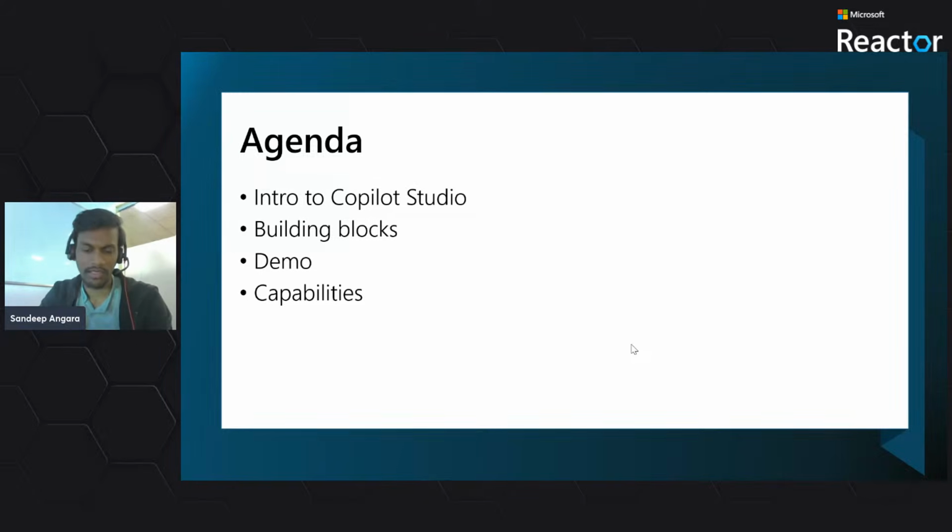Mostly we'll be spending much of our time today building a use case in Copilot Studio, where I'll be demonstrating building an end-to-end copilot or agent. Throughout this session, I'll be using copilot or agent. They can be used interchangeably, but they mean the same. And I'll also conclude the session with the other capabilities that Copilot Studio has.